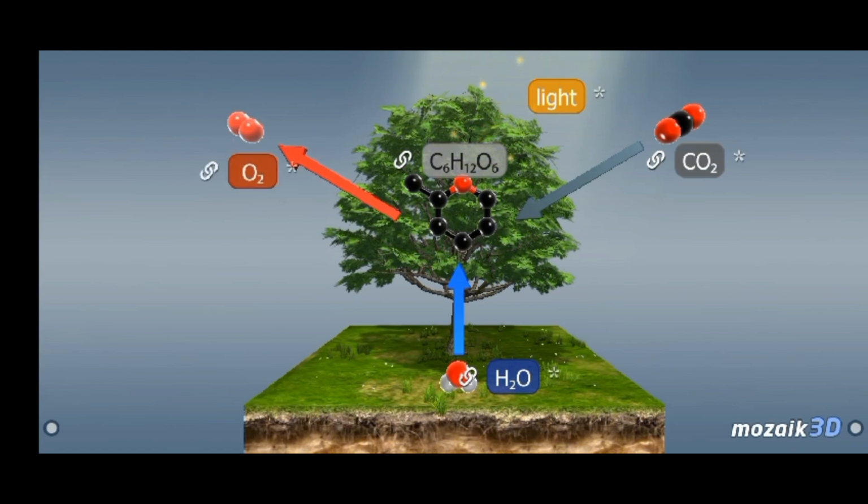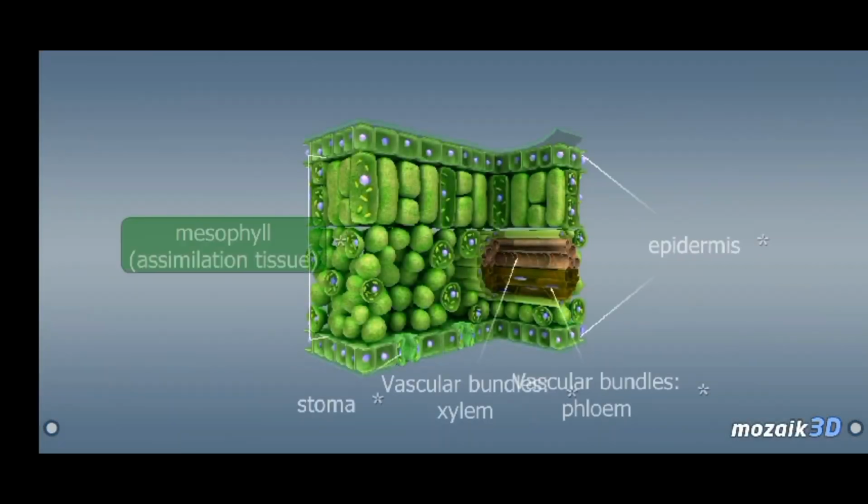Oxygen is also formed in this process. Photosynthesis takes place in the green parts of plants, that is, in the leaves, and often in the soft stem. The green color of plants results from the large amount of chloroplasts in the cells of the assimilation tissue. These chloroplasts are where photosynthesis takes place.